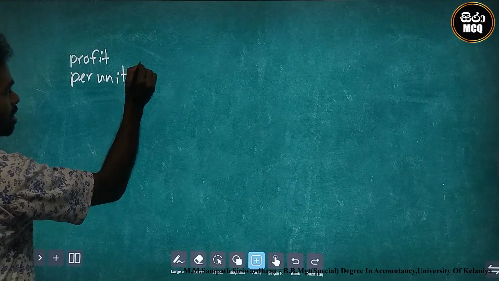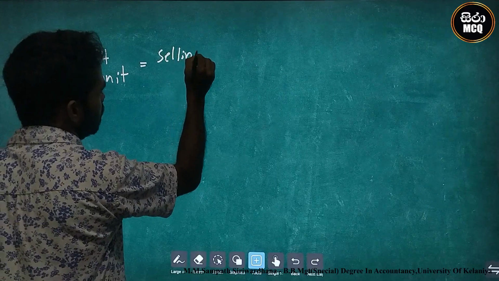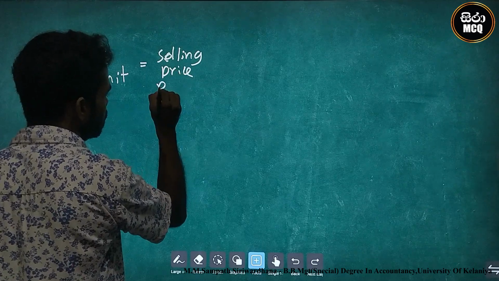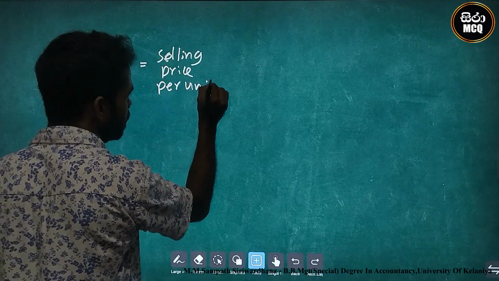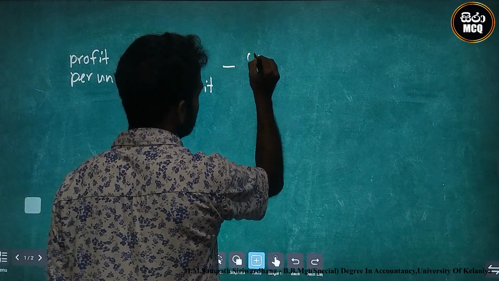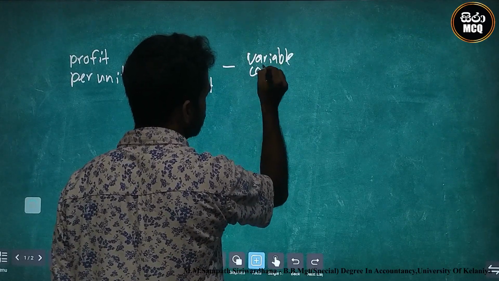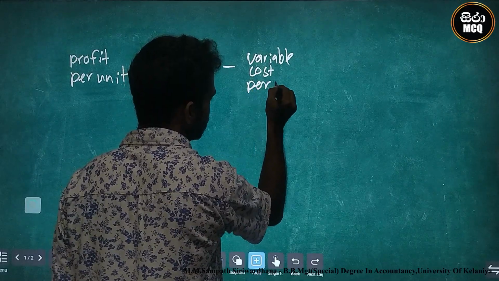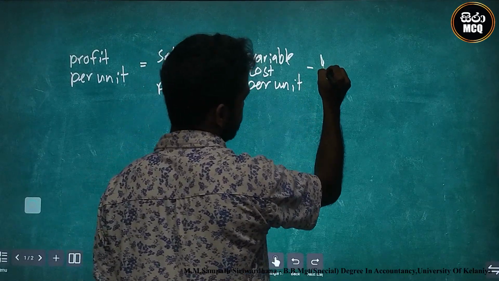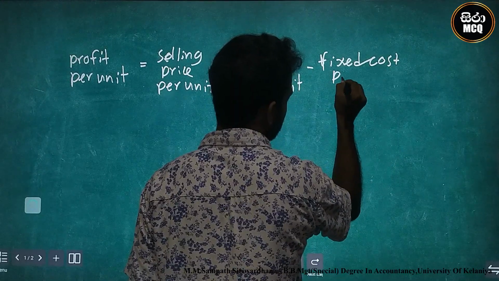Okay, how can we calculate? Unit selling price per unit, minus unit variable cost per unit, deduct fixed cost per unit.